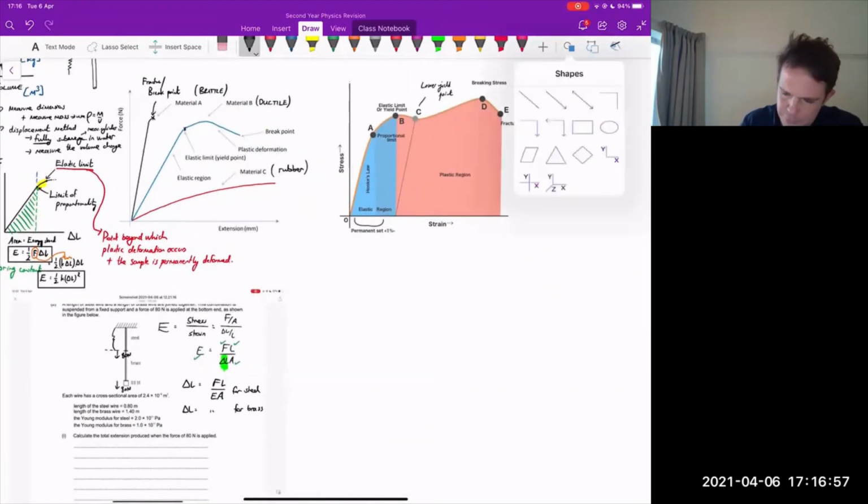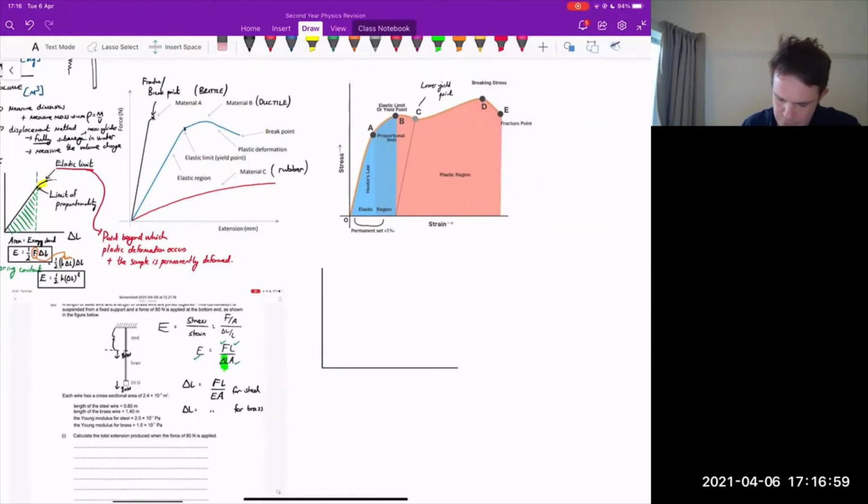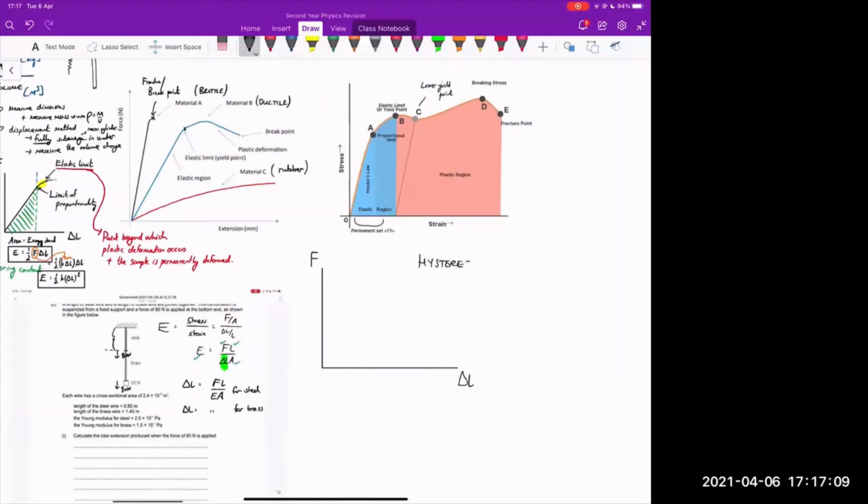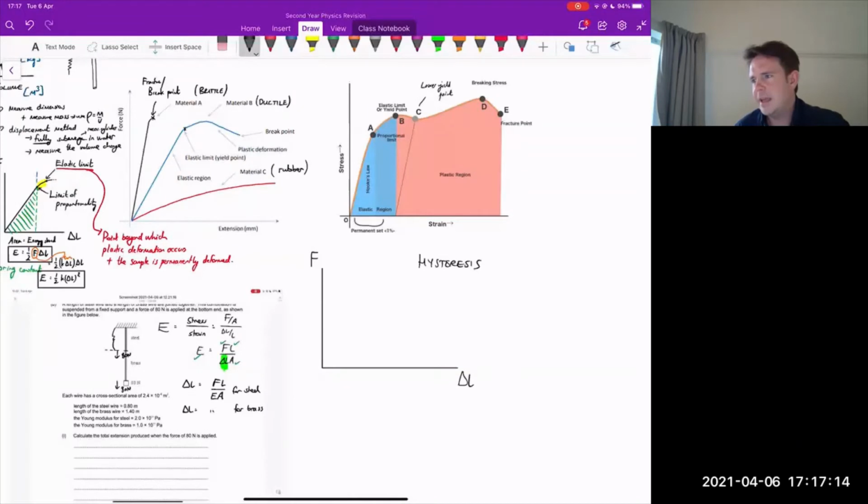Have you ever heard of hysteresis? Anyone? Hysteresis. Let me write that down. Nope. So, hysteresis is something that's not actually mentioned on the syllabus, but I'm going to mention it anyway. It is a property of a material or substance where when you extend it, it behaves in one way. This is when you're extending it.